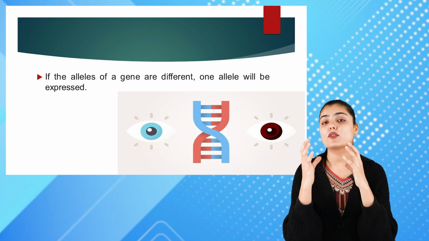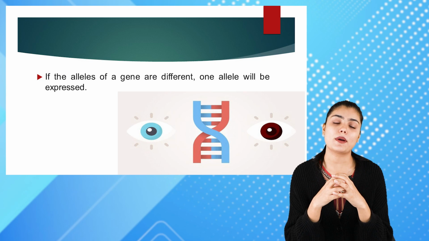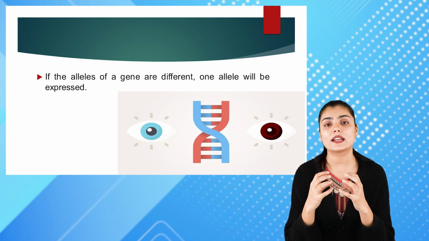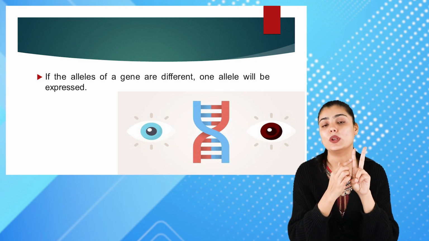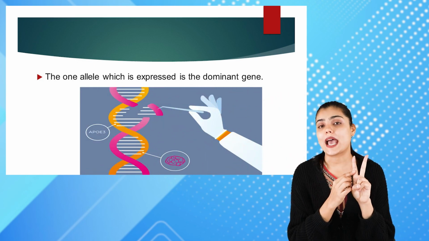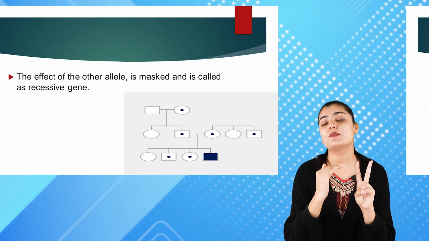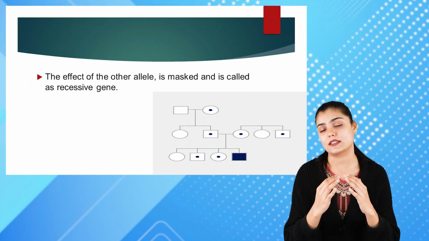Alright, so from each of the parents we will receive the alleles. If these alleles that we receive from our parents are different from one another, then only one of the alleles will be expressed. The one that will be expressed is called the dominant gene, and the one that will not be expressed or that will be masked is called the recessive gene.